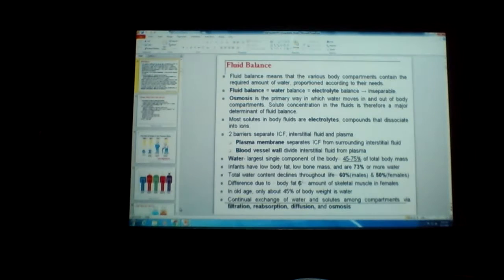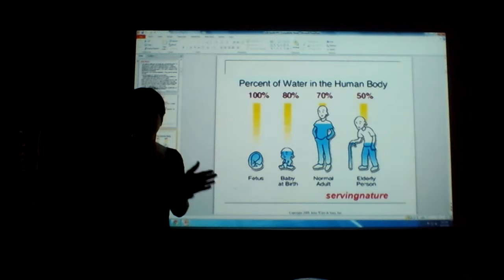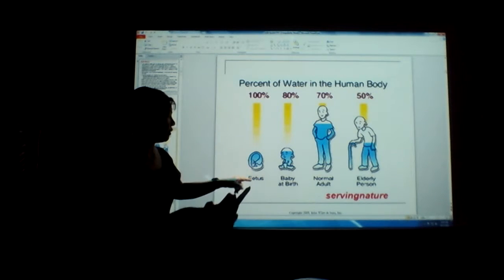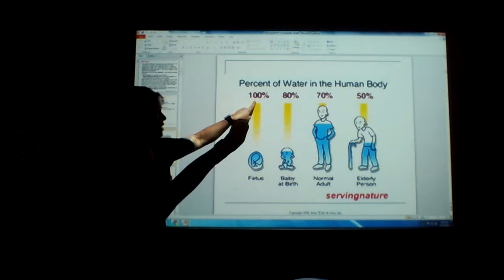So, knowing that water follows salt, it's important to be in fluid balance. Look at this one. I just saw this on the internet. It's amazing. It opens our eyes to the importance of being in water balance. Look at when we were first formed in our mother's belly, 100% water.